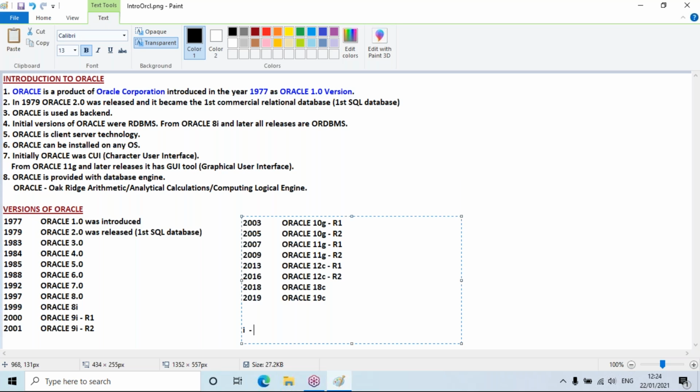I is internet related features added. G refers to grid computing technology. Then C is all about cloud computing technology.